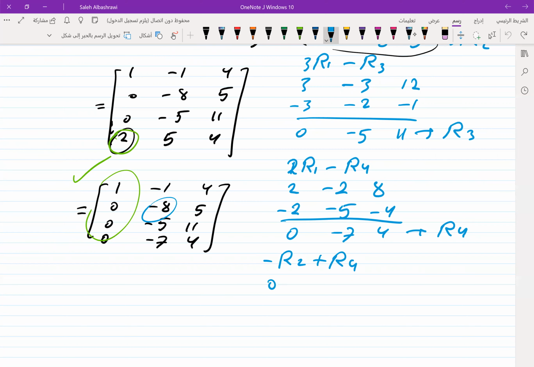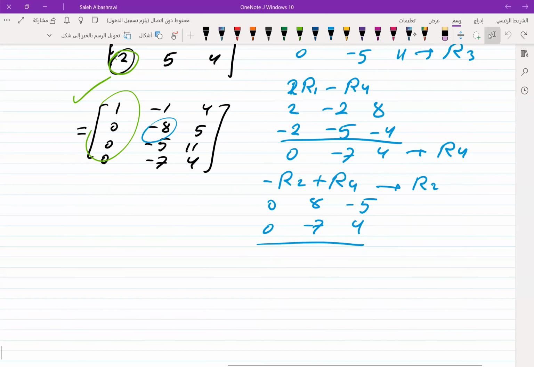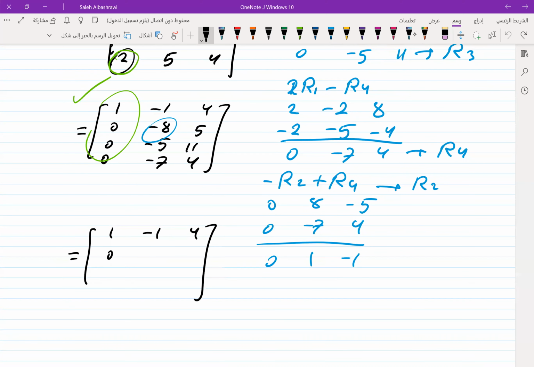So I'll have 0, 8, minus 5, and 0, minus 7, and 4. This will be put in R2. I'll have 0, 1, and minus 1. So 0, 1, minus 1, 0, minus 5, and 11, and 0, minus 7, and 4.